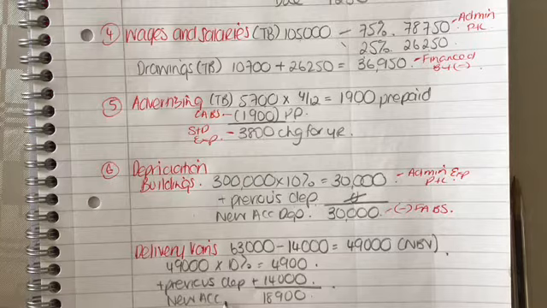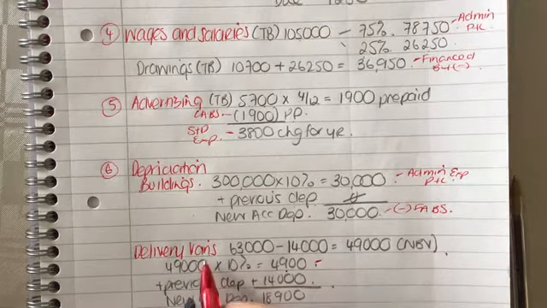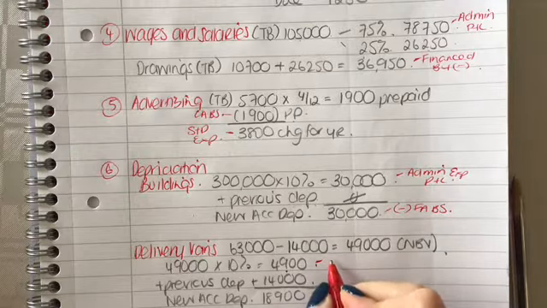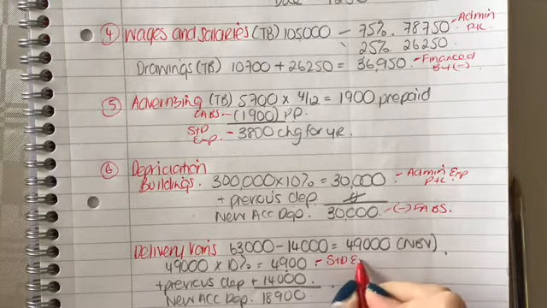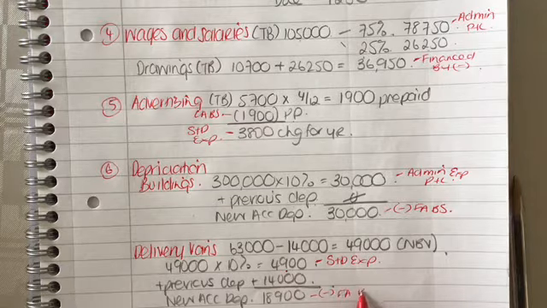New accumulated depreciation. So your charge for this year, 4,900. That's an expense. It's for delivery vans. They are used to deliver stuff. So that is a selling and distribution expense. And this 18,900 gets taken away from your fixed assets in your balance sheet.